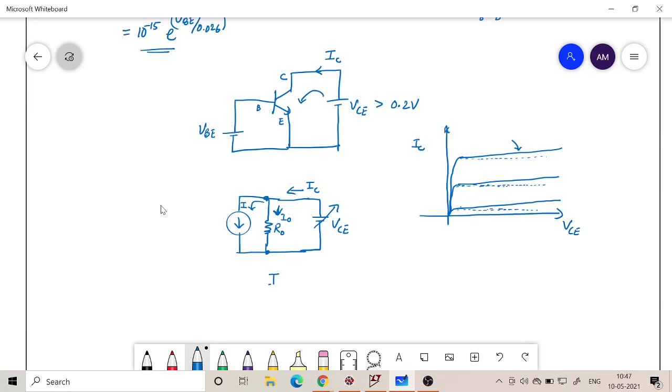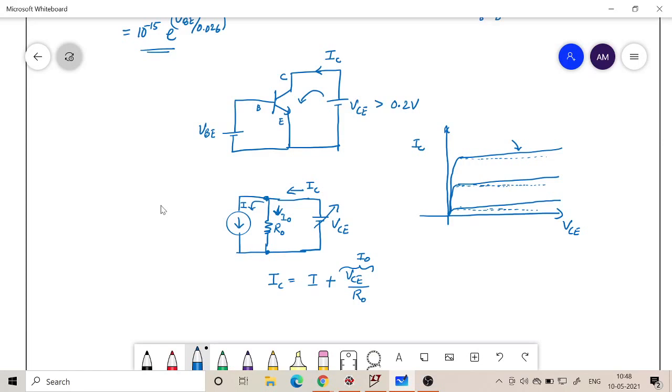So IC has two parts: I, which is a current source, and the other is VCE by R naught. If you look at this expression, IC has a constant current plus a portion of the current which depends on VCE.